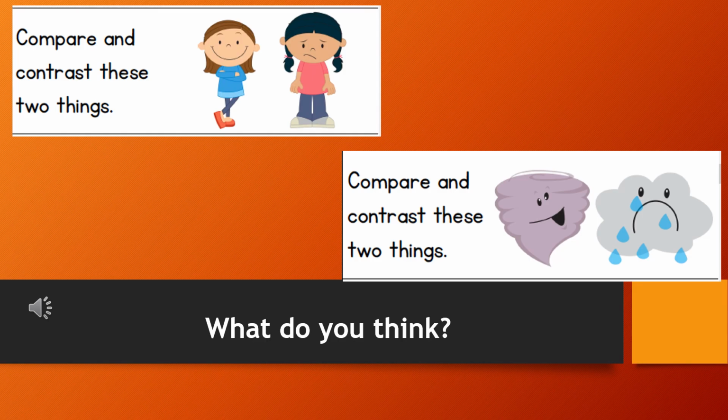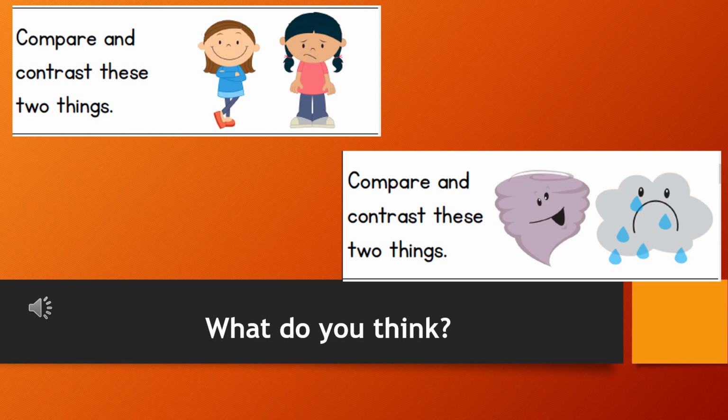Now let's look at the picture at the bottom. Compare and contrast these two things. One thing that is the same is they are both things that you would see for weather.